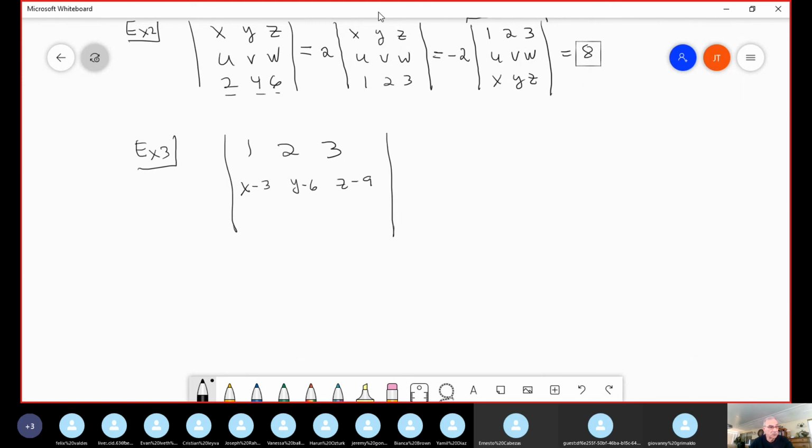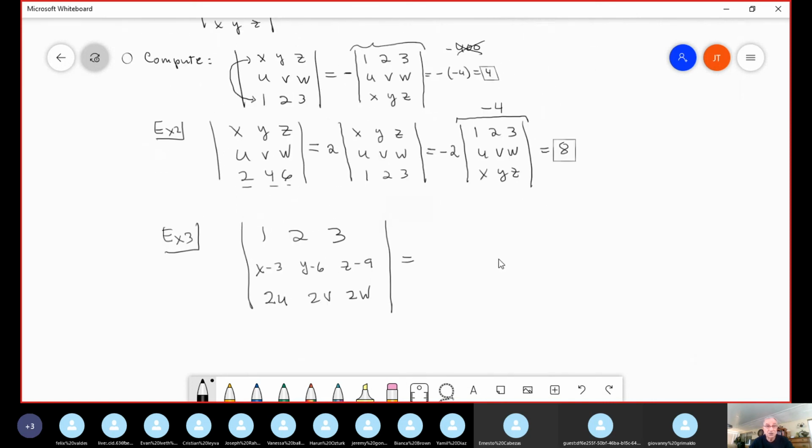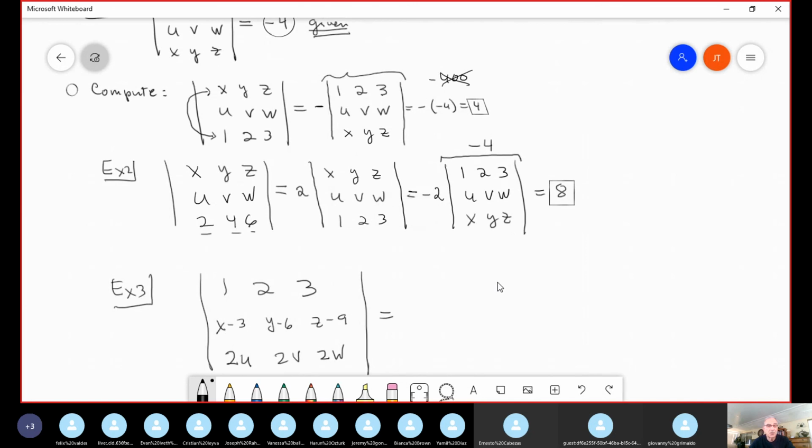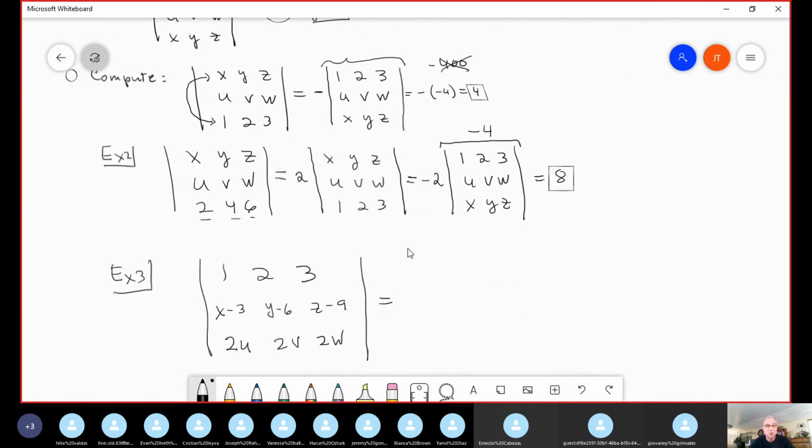This is row 2. And 2u, 2v, and 2w. And it's the same problem in which the original determinant is given, this one: 1, 2, 3, u v w, right? Now I need to compute this new one.